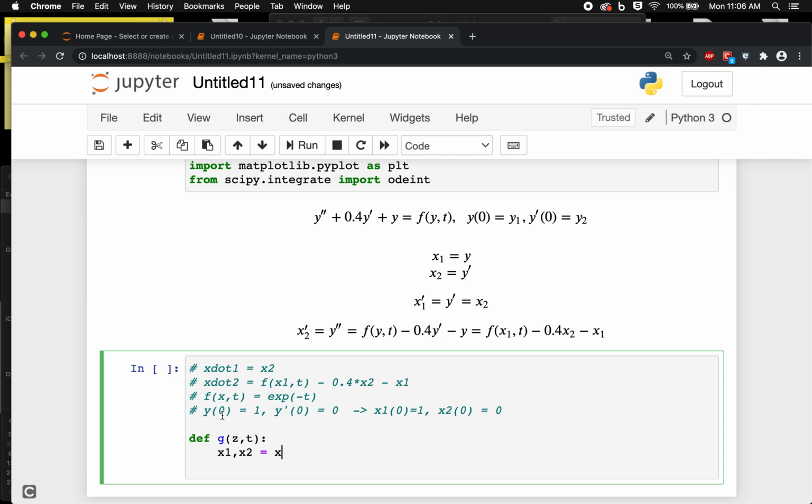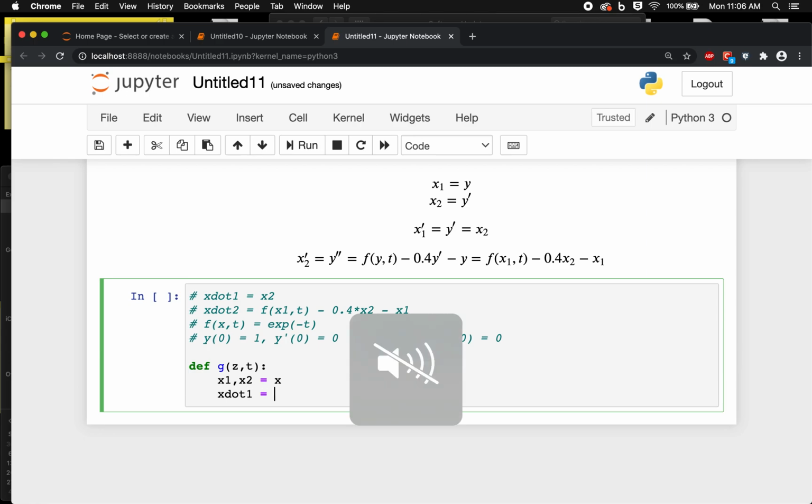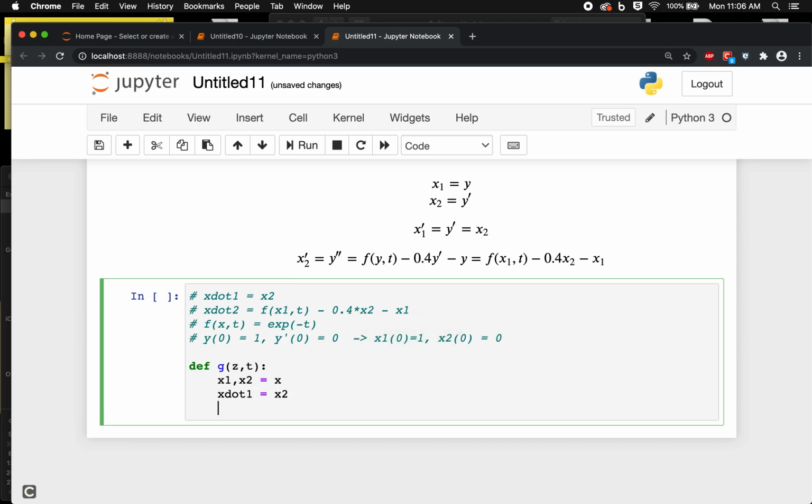So we're going to unpack it. So this is going to be the differential equation with all this junk over here. And then we can just simply return equation 1, or we can say x dot of 1 is simply going to be equal to x of 2. And x dot of 2 is going to be this function, right?